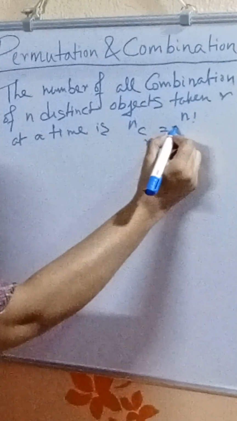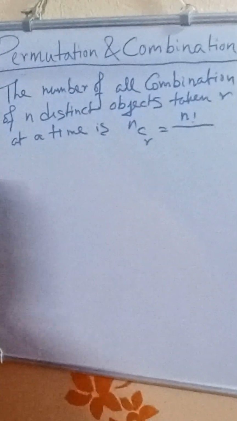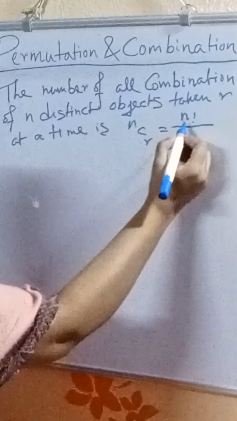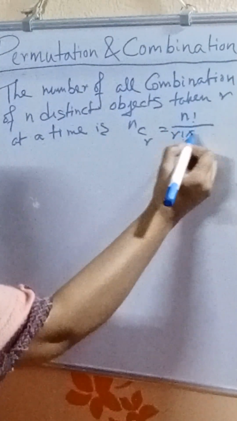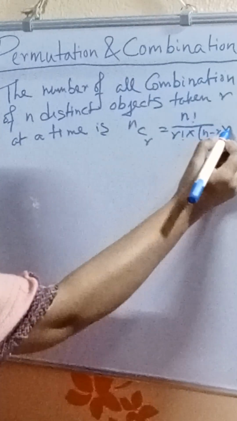The formula of nCr is n factorial divided by r factorial into n minus r factorial.